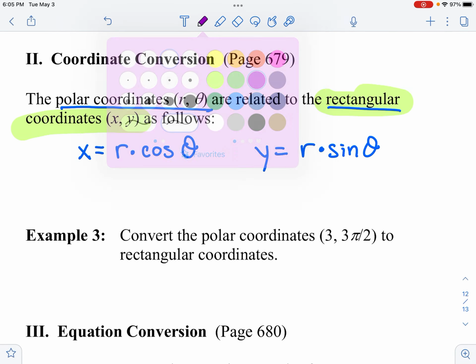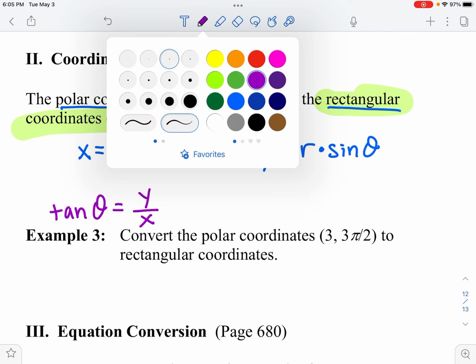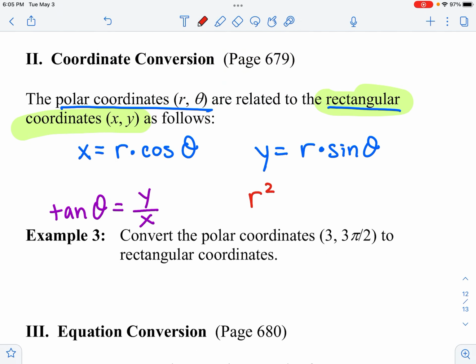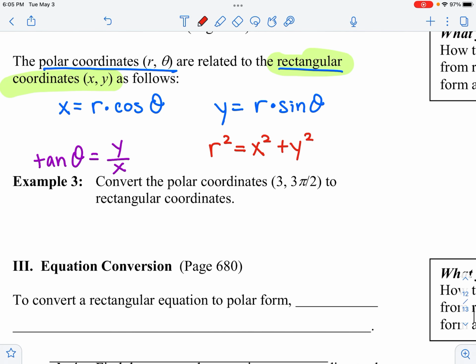We can also say tangent theta equals y over x, and we also know that r squared equals x squared plus y squared. We're going to use those 4 things here to convert back and forth.